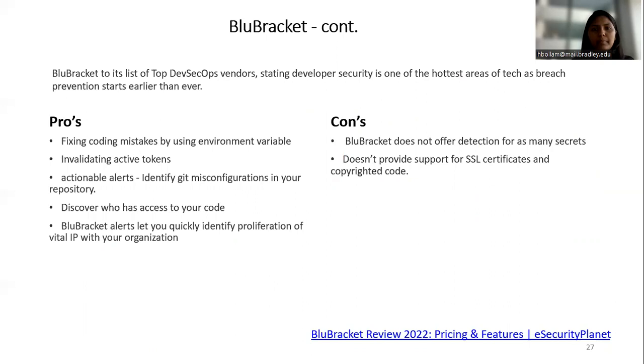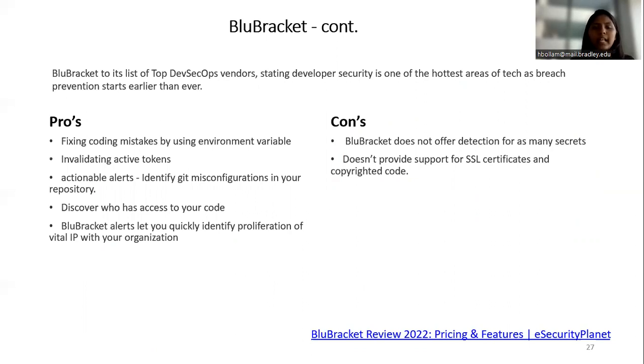And coming to the pros and cons of Blue Bracket, let's see some advantages. Fixing coding mistakes by using environment variables, and there is invalidating active tokens. And here there will be two types of alerts.